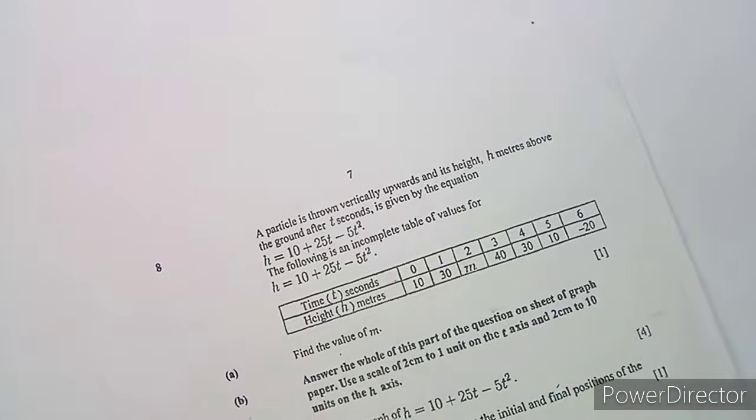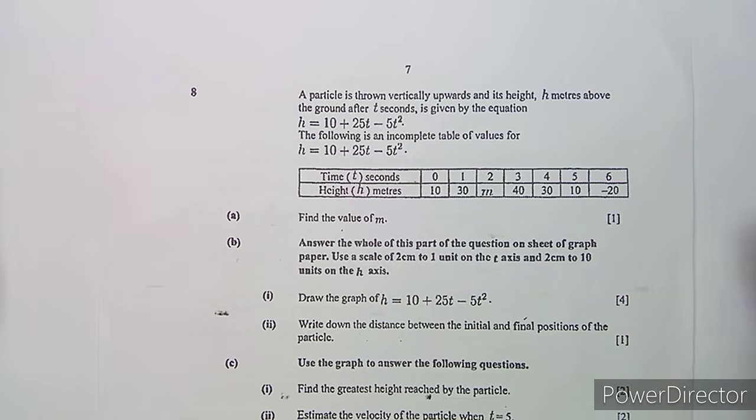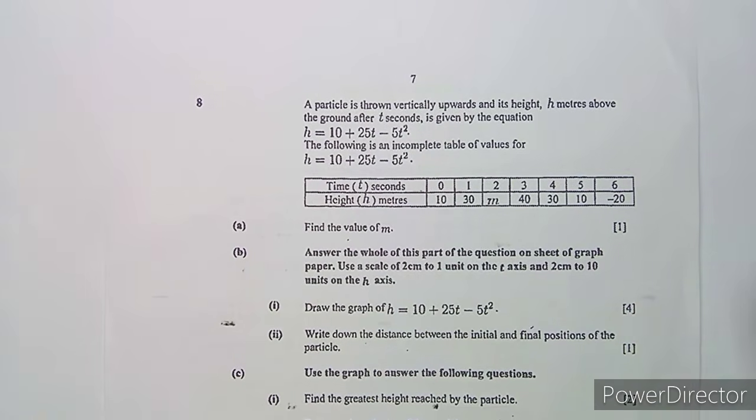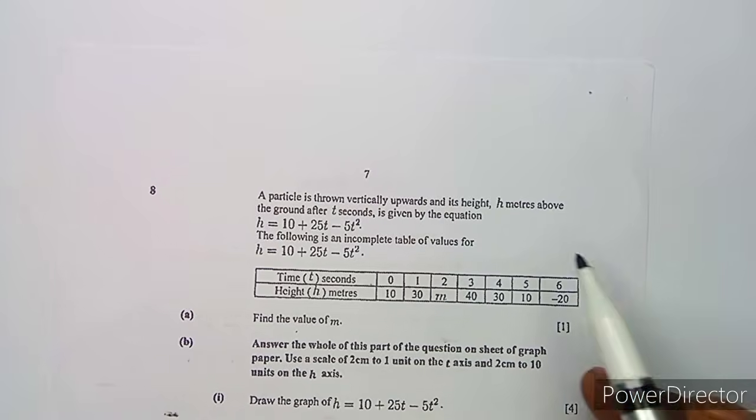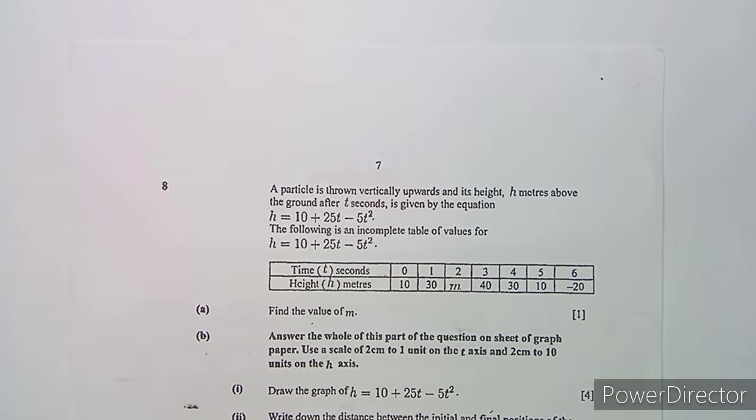We move on to question number 8. On question number 8 there, we are given a particle which was thrown vertically upwards and its height h. Take note, guys, when you are reading this type of question, because there are two possible questions that you can have.